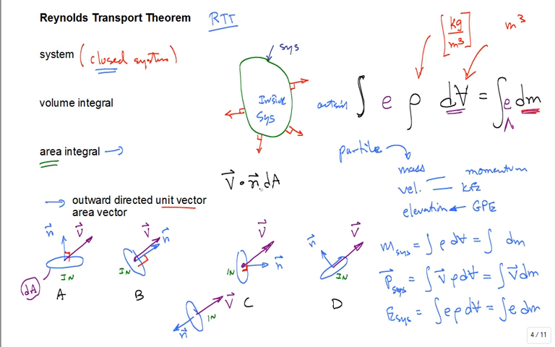I get the velocity that's perpendicular to that area, so I have the little volumetric flow rate. This is a volumetric flow rate, right? And it's the volumetric flow rate out of the control volume.